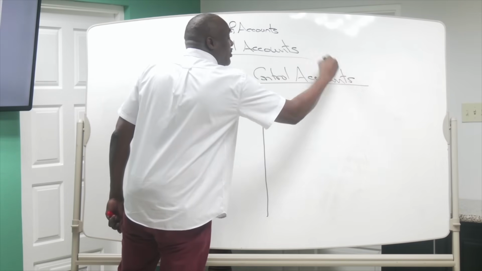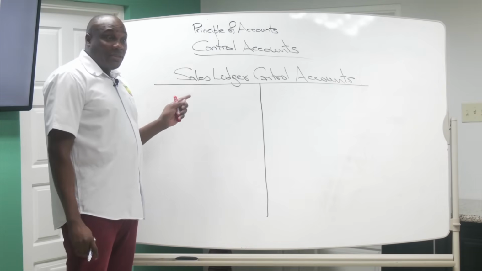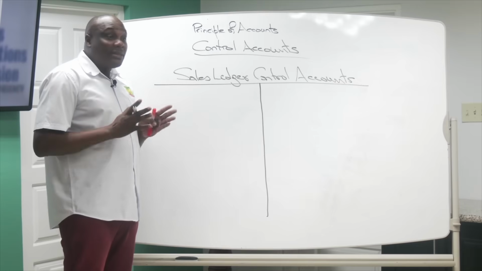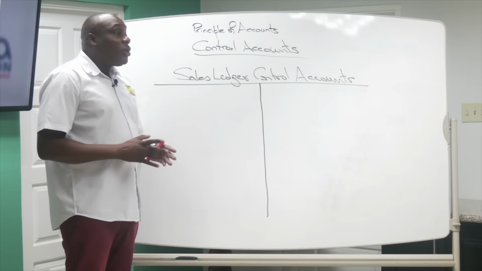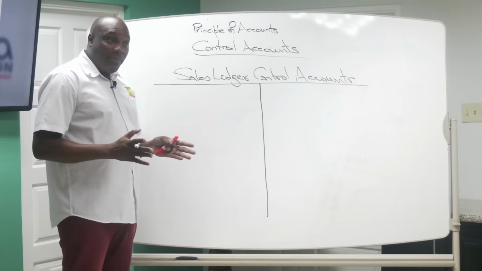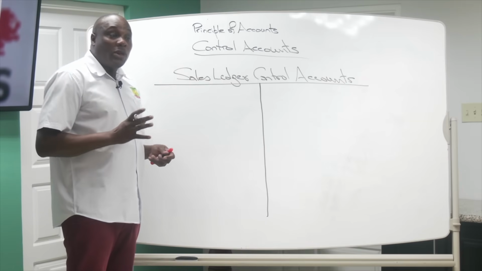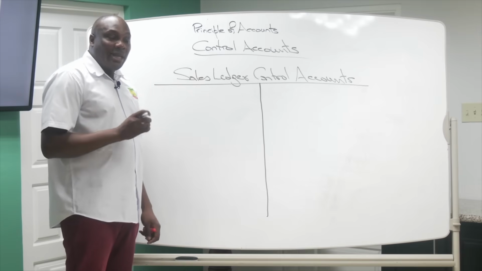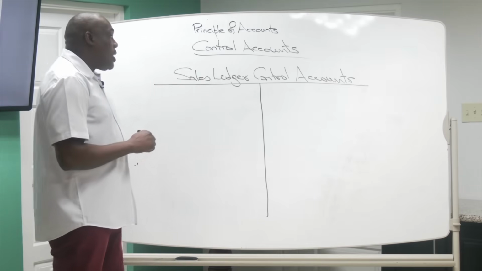And again, remember, students, they can also be named total debtor. So if you say total debtor, do not be confused, do not be alarmed. It's the same thing. If you say total customer control account, do not be confused nor alarmed. If you see accounts receivable control accounts, again, these are all the names associated with debtors that you must understand.